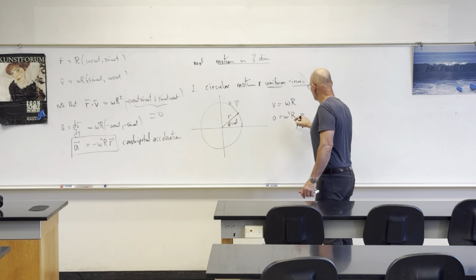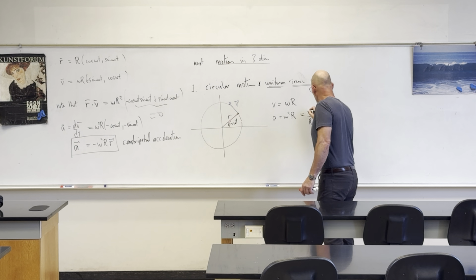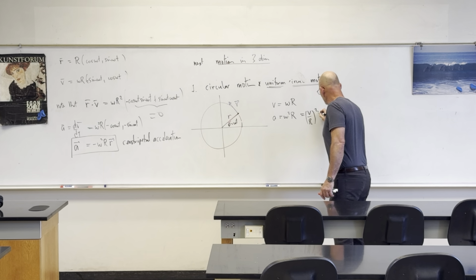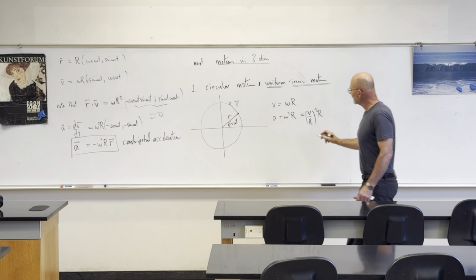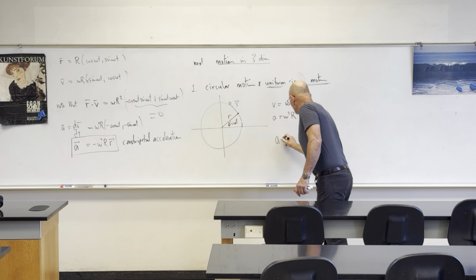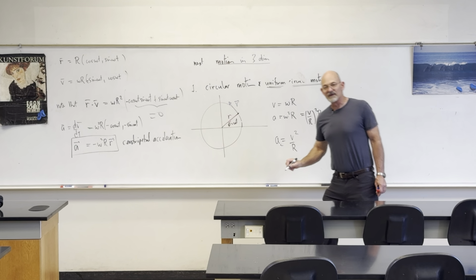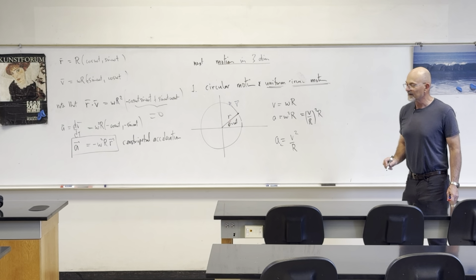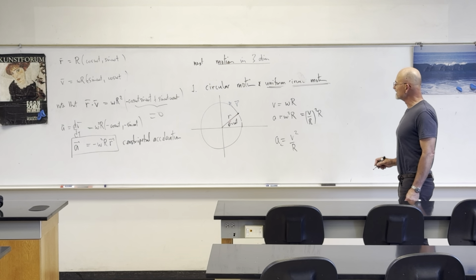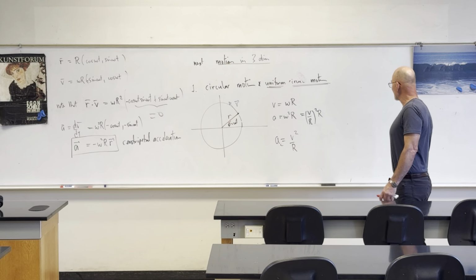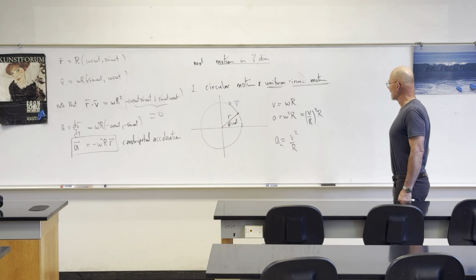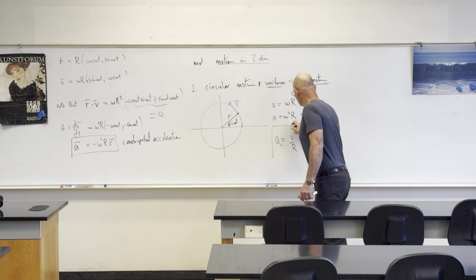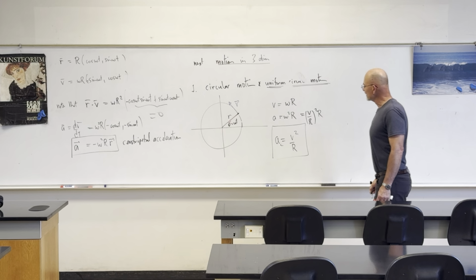So we're going to have omega squared is V over R, the quantity squared, times R. So that's the celebrated V squared over R expression that you guys are familiar with as well. Usually in lowercase, I've got the uppercase here right now, but no problem. V squared over R. So that's that centripetal acceleration.